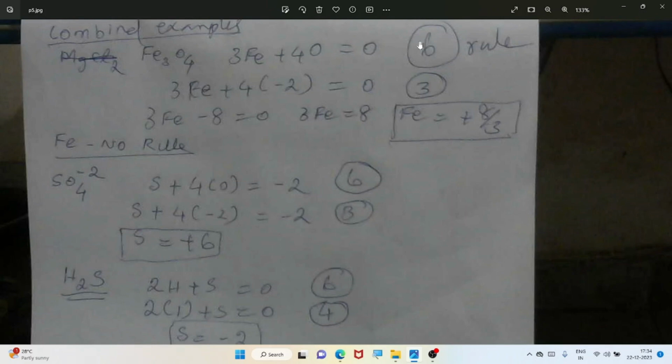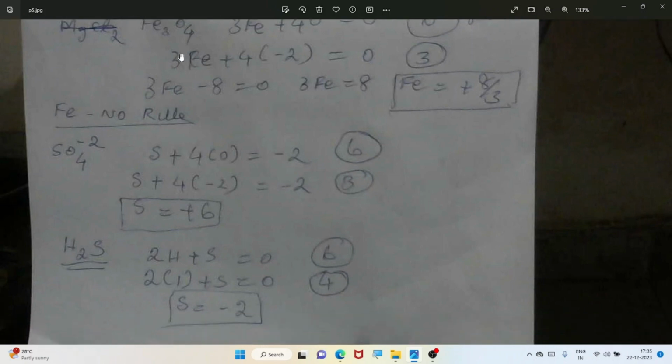We know oxygen is normally negative 2, so substituting, we get Fe is plus 8 by 3. Rule number 3 is for oxygen, normally negative 2. So for this compound we have found the oxidation numbers of Fe and O.